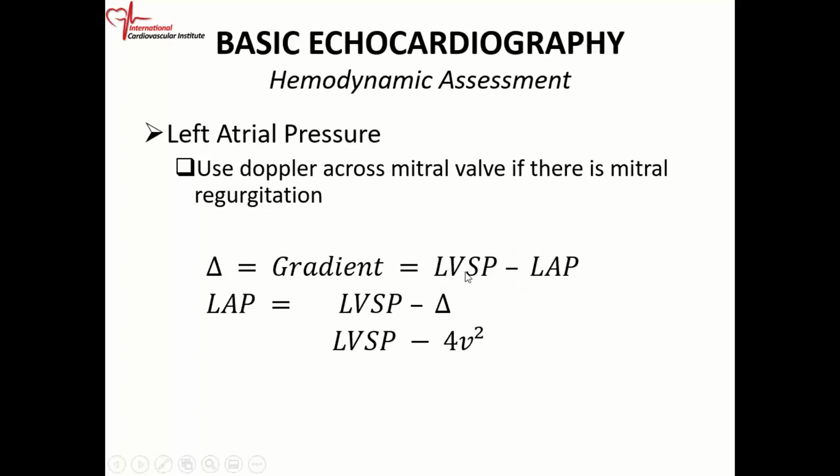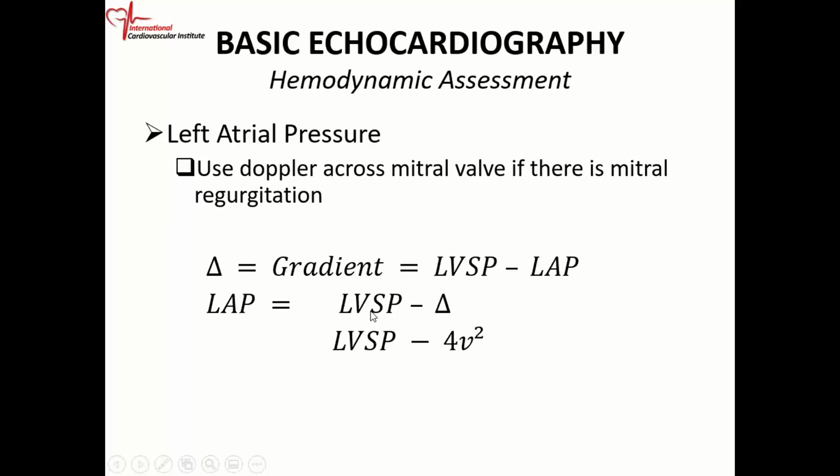If we rearrange the equation, then we see that the left atrial pressure, which is crucial to measure because when a patient goes into heart failure this goes up, is equal to the left ventricular systolic pressure minus the gradient.